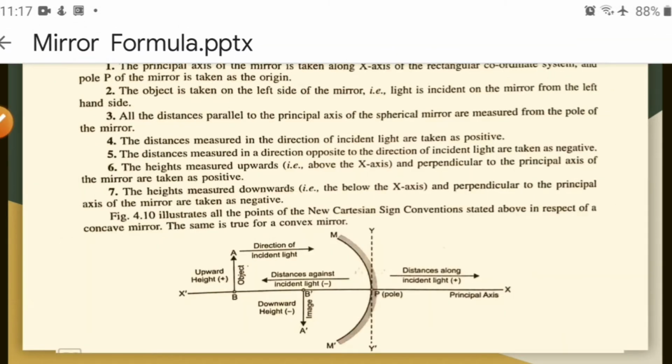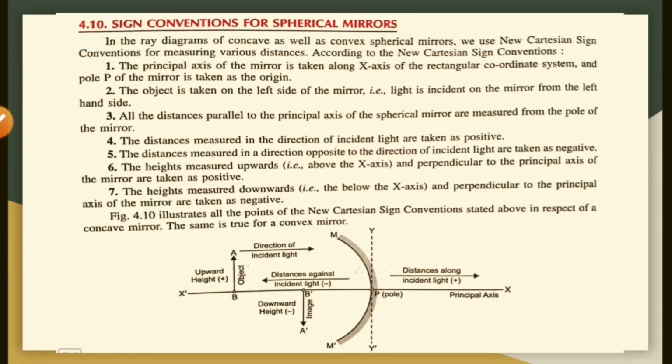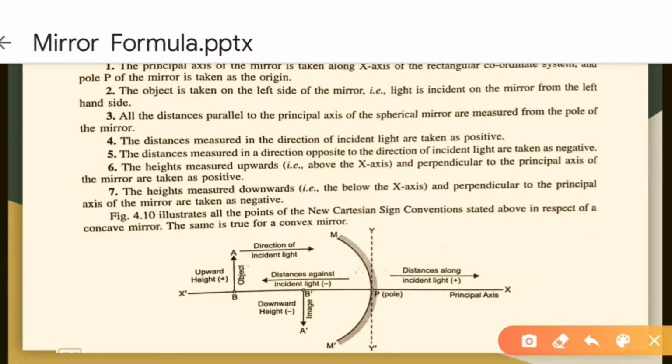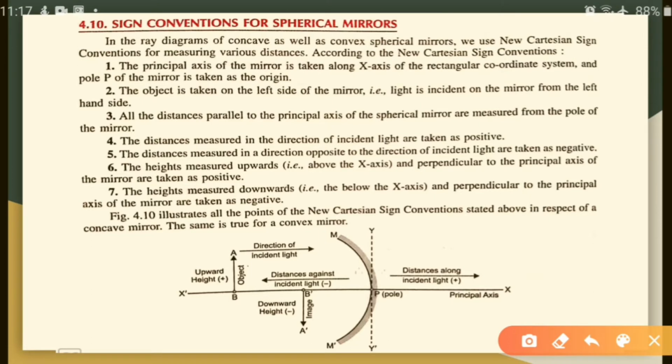Now see the sign convention. Object distance is always taken as negative. Object distance means distance from P to B. This distance is the object distance, and all the distances are measured from the pole, because the pole is treated as origin.